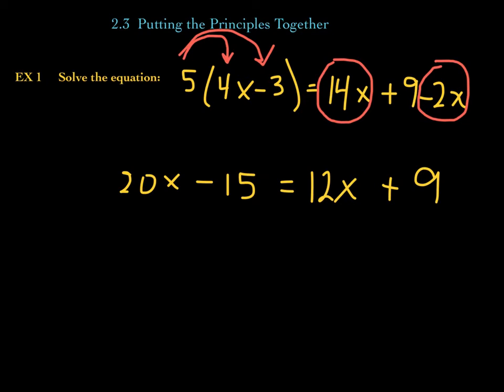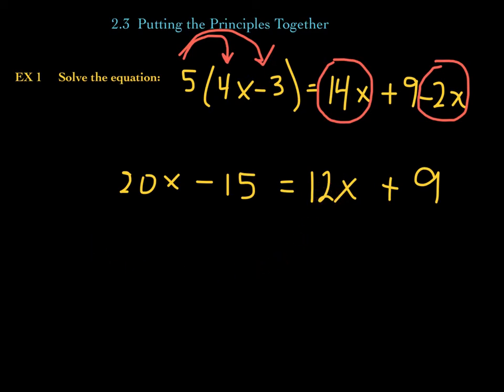And it does not matter which side you collect your variables. You can collect them on the left or on the right. For me, I prefer to collect my variables on the side that has more of them. The left-hand side has more x's, so I will move this 12x to the left.